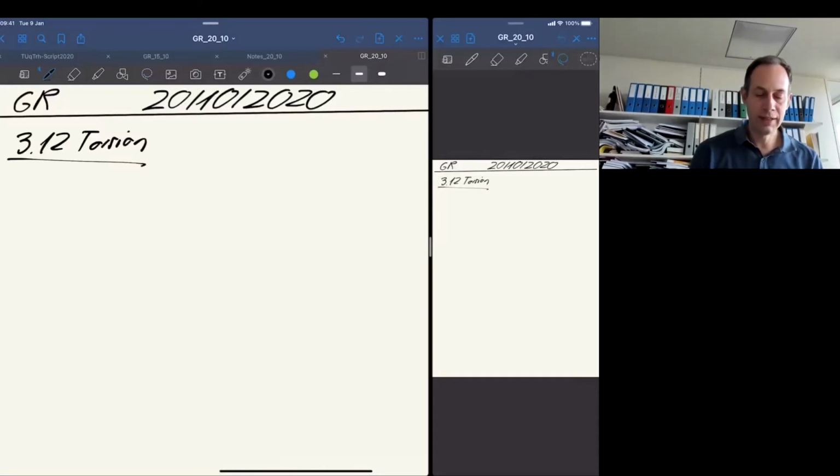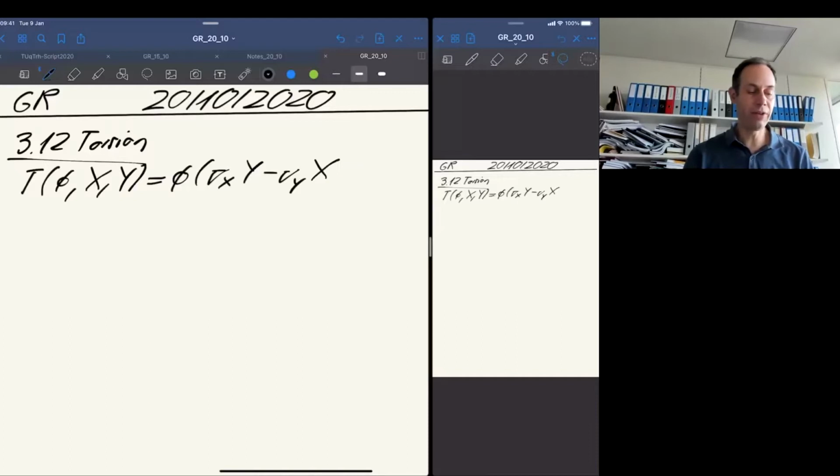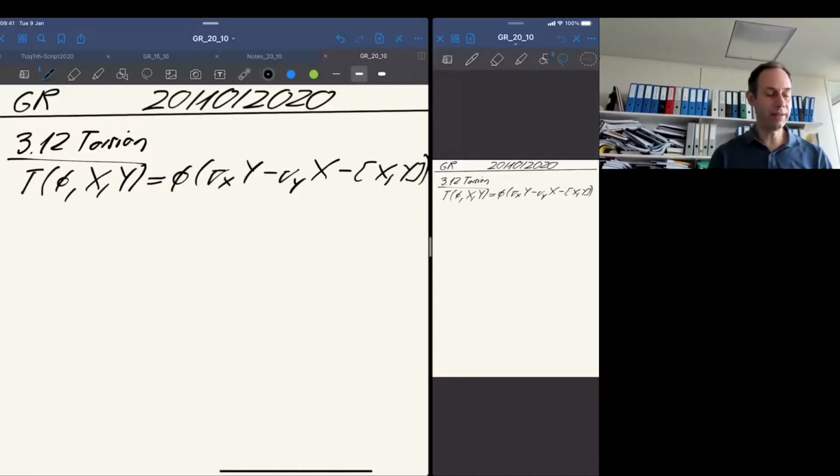That's why I now name these sections separately. The torsion was defined already, but I briefly write down the definition again so that we can use it today. So it's actually a covariant derivative, or a difference between covariant derivatives, and it also involves a Lie bracket. I hope you remember that.